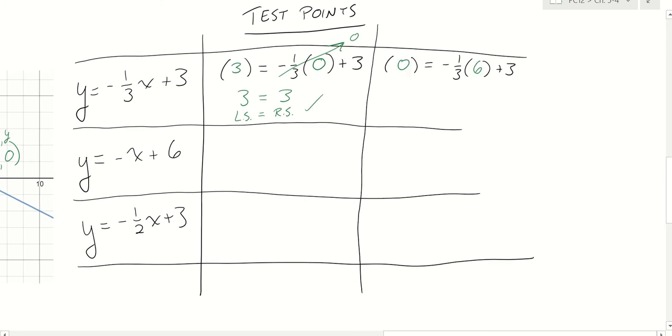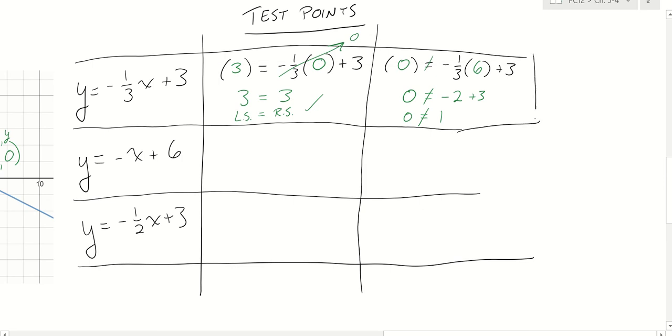Are we going to get a true statement here? 0 equals negative a third times 6, that's negative 2, and then plus 3. Simplifying the right-hand side, we get 0 equals 1. That is not true. So we do not have a solution here.